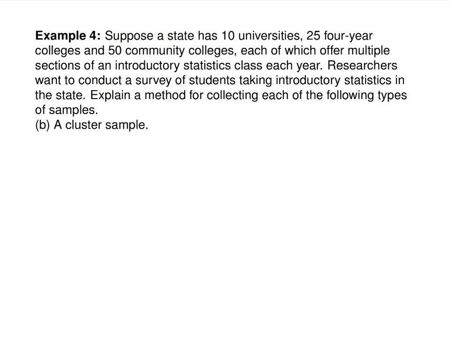Okay, a cluster sample. What you could do with this is you could use individual schools or classes as clusters. It's probably reasonable to say that among these schools there are a couple hundred statistics classes, right?